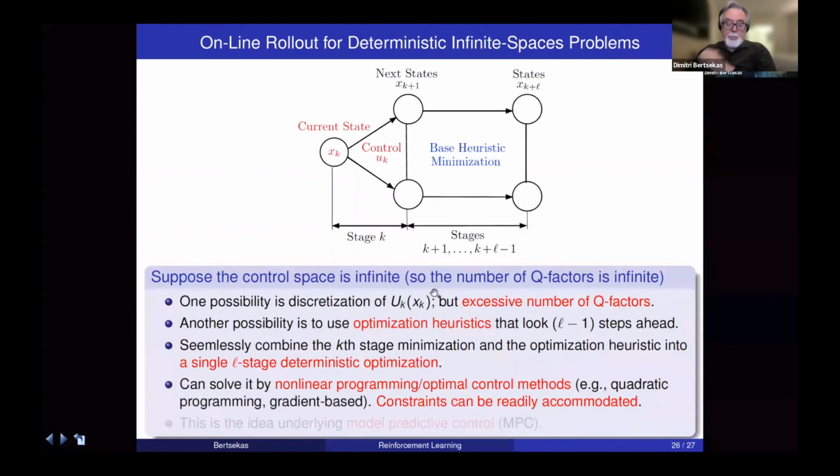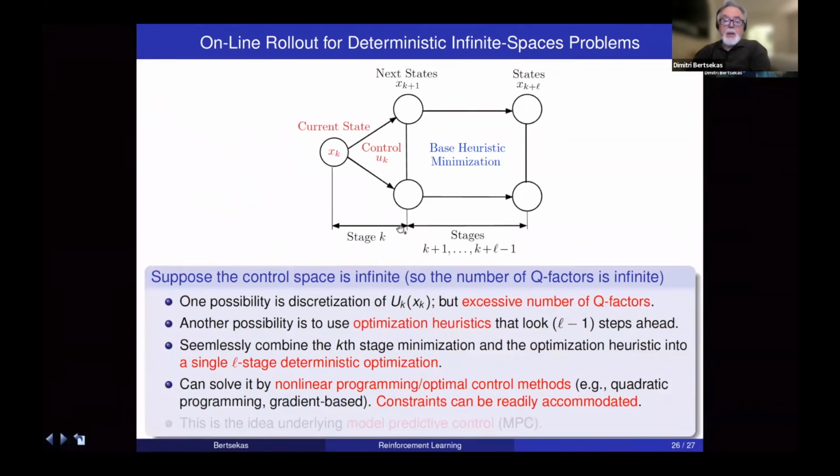And now how do you solve this L-step optimization? Well, that's what nonlinear programming does well, deal with continuous spaces over a limited number of stages. And that's what people have been using in this context, as well as in model predictive control.